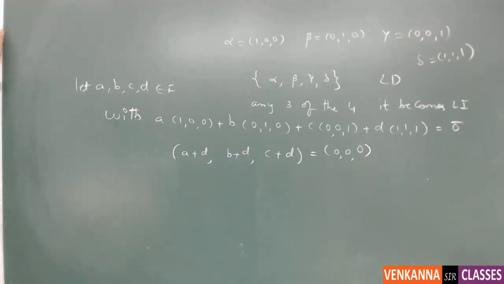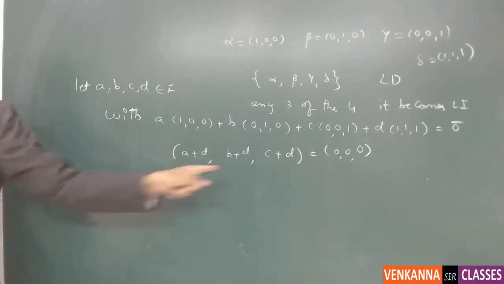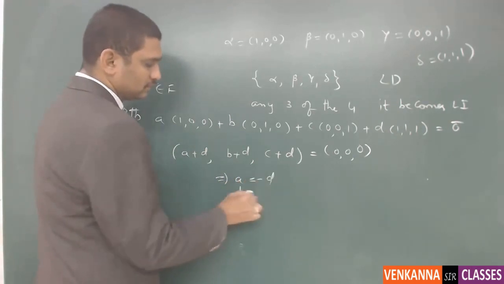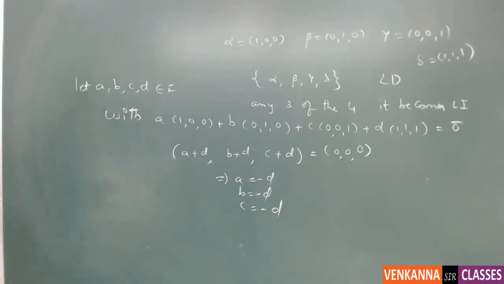Right. So making the coordinates equal to 0, you will say A is equal to minus D, B is equal to minus D, and C is equal to minus D. So at this point we can say that the given set is LD. How?